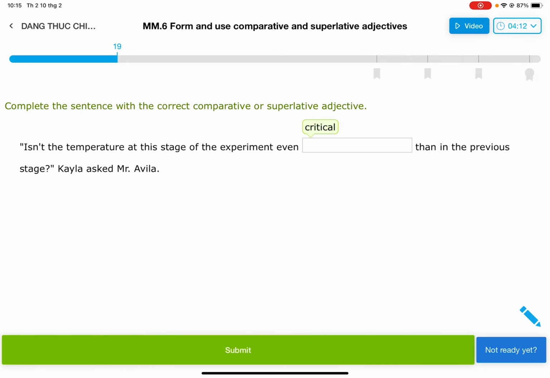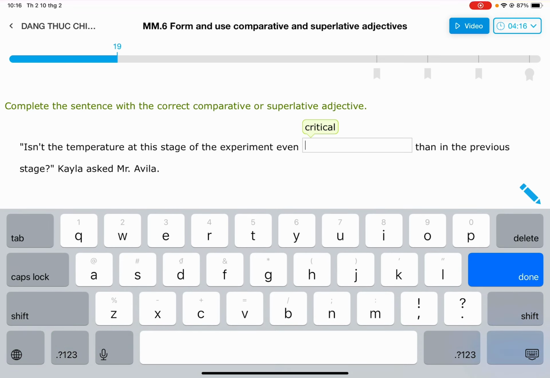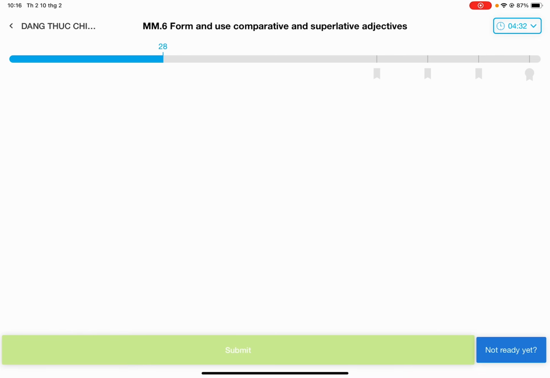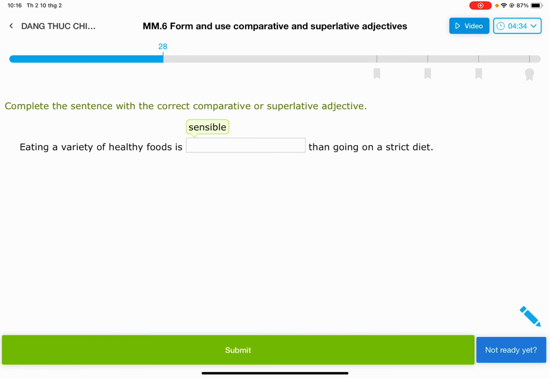Isn't the temperature at this stage of the experiment even more critical? So it's comparing, and it is in comparative. So yeah, more critical it is. Critical has more than one syllable, so we add more. I think this is kind of the same with adverb.